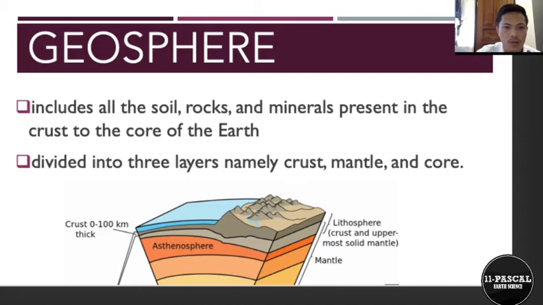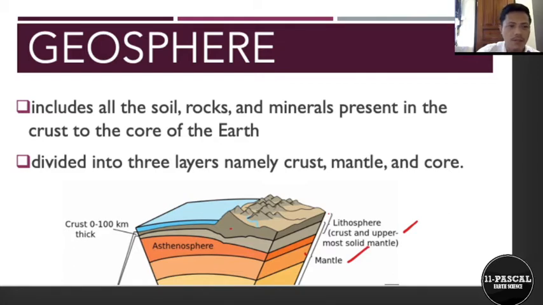If you look at your illustration here, we have the crust or your lithosphere, composed of the crust and the uppermost solid mantle. We have the continental crust and the oceanic crust. And then we have the mantle, and next we have the outer core and the inner core.